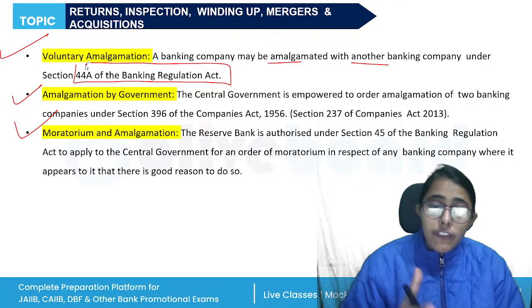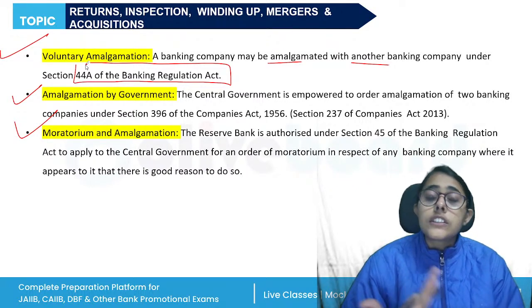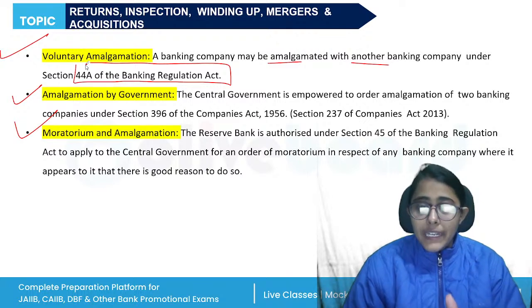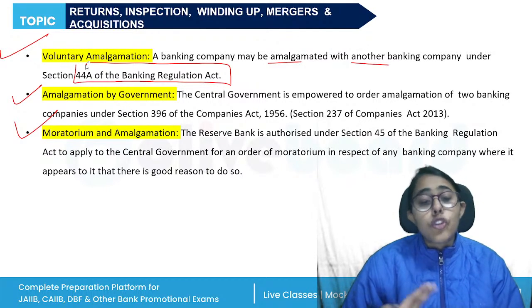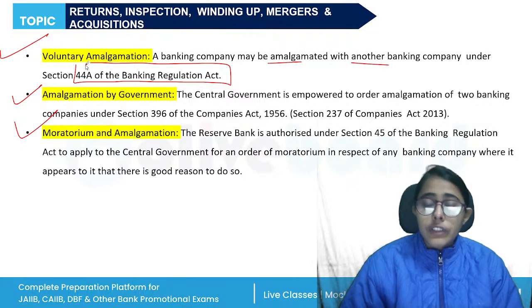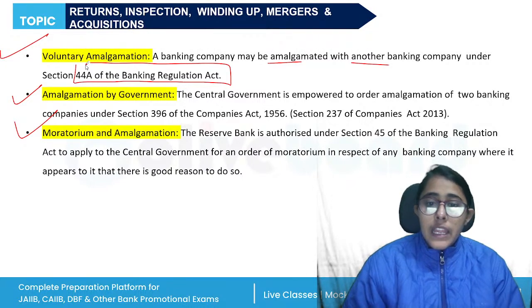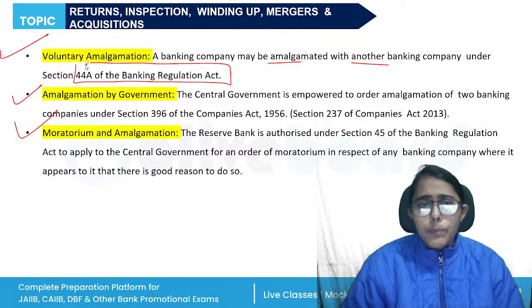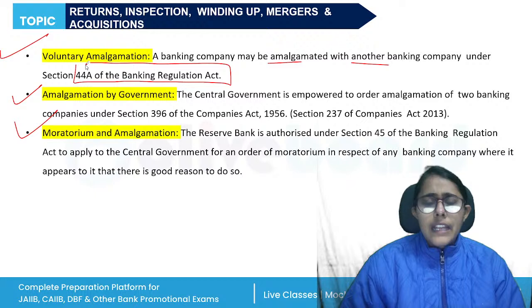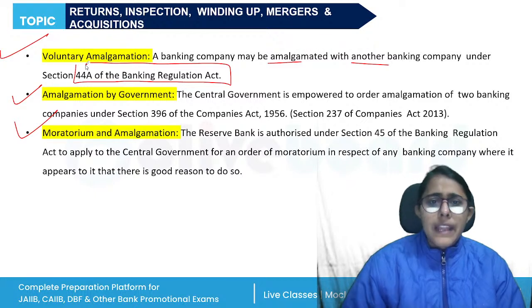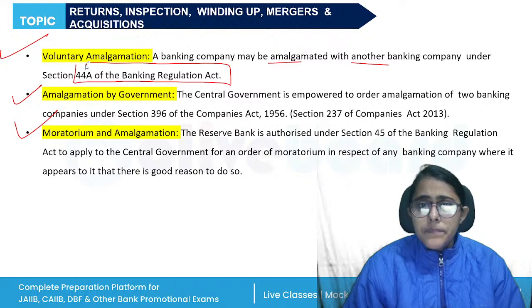Then this draft will be placed before the shareholders of the two companies separately. It will be approved by a resolution passed by a majority of the members, representing two-thirds of the value of the shareholders. If it is not approved, then another plan can be presented, or the amalgamation can be cancelled, or it will be accepted if it is approved, right?